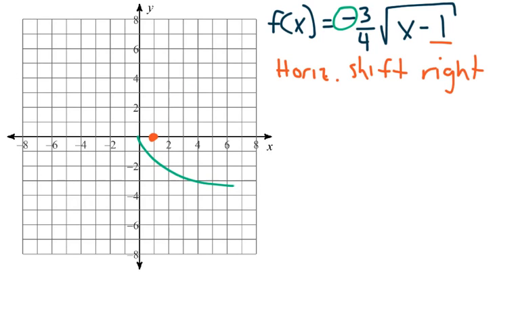If it was reflecting, then it goes like this. See how it looks like a sideways parabola? That's what a reflection does. What does this mean for our problem? Nothing, I still go right 1. But instead of going up 3/4, I need to go down 3/4.